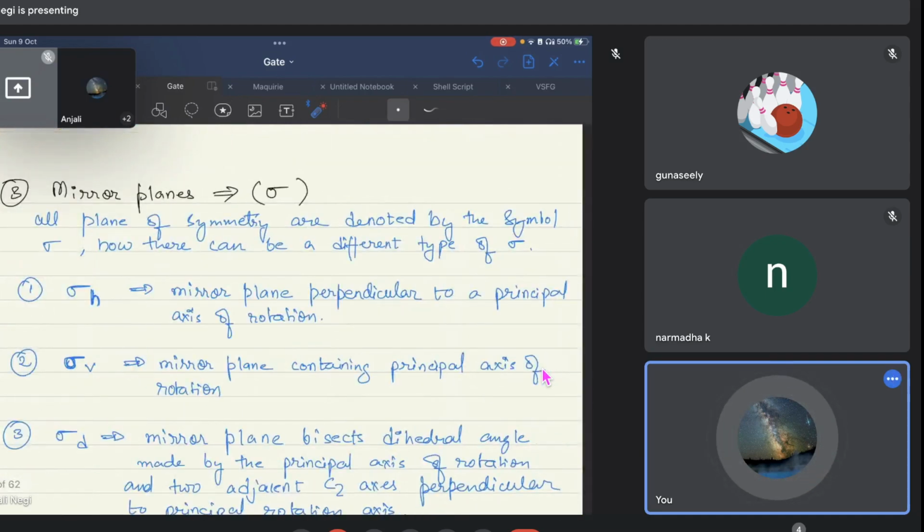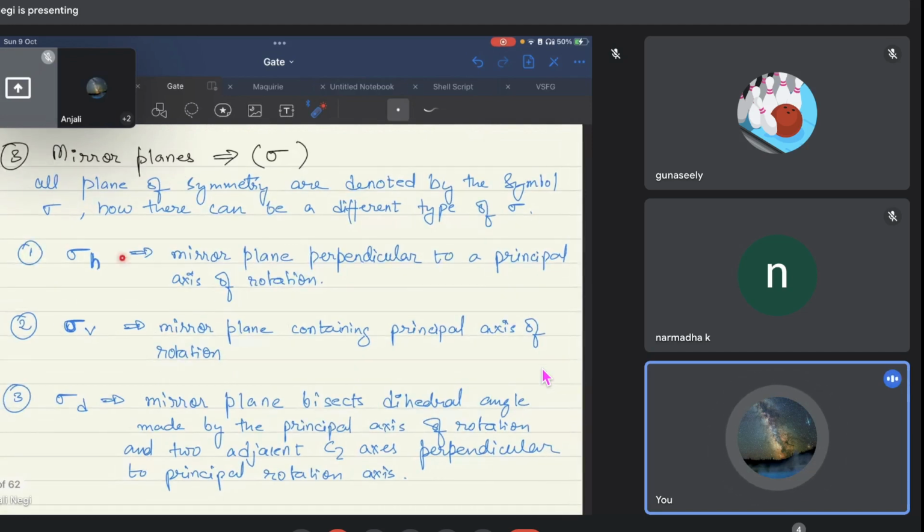So this is important. Another element is mirror planes. A mirror plane is denoted as sigma, and all planes of symmetry are denoted by the symbol sigma. There can be different types of sigmas: sigma h, sigma v, and sigma d.